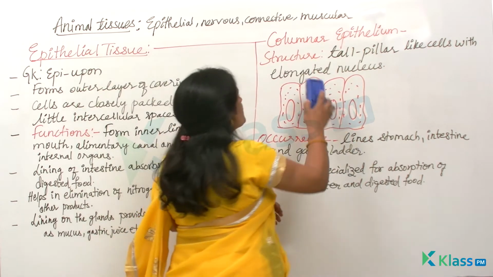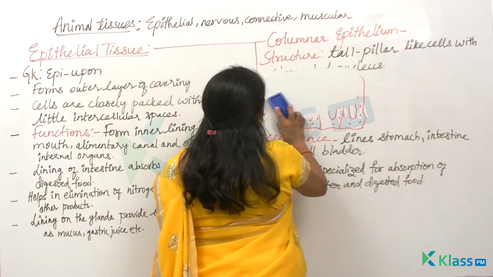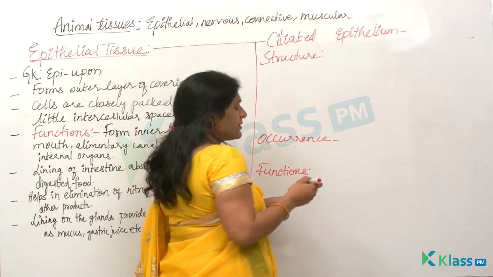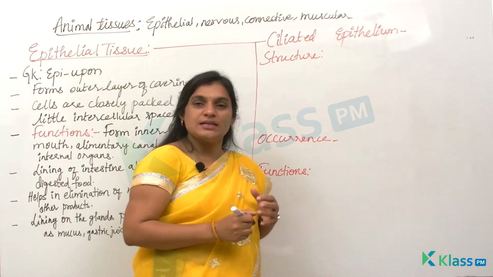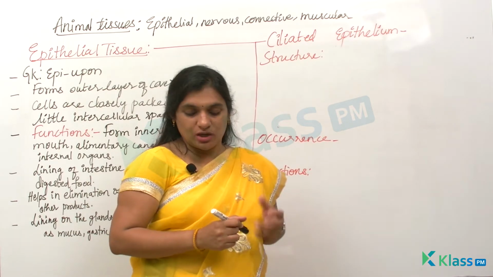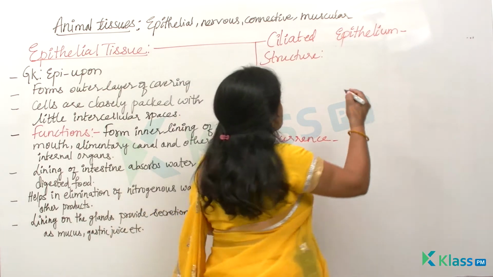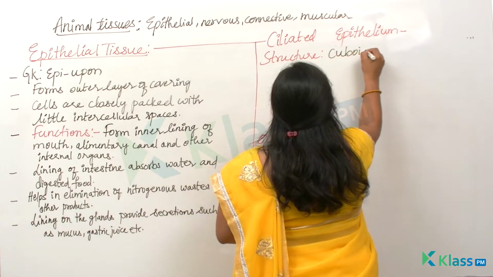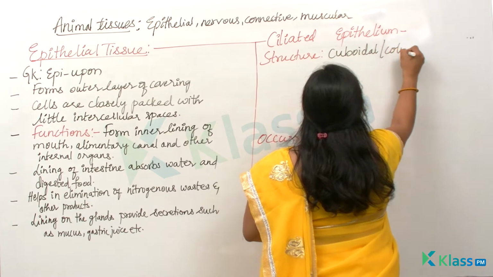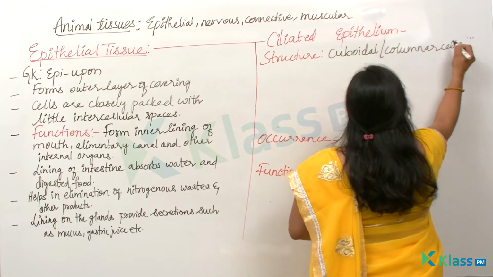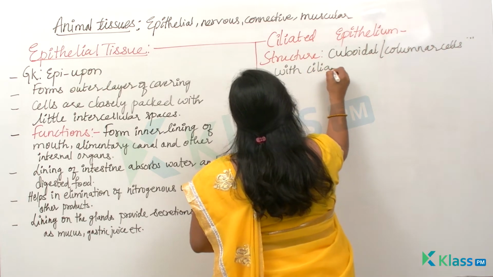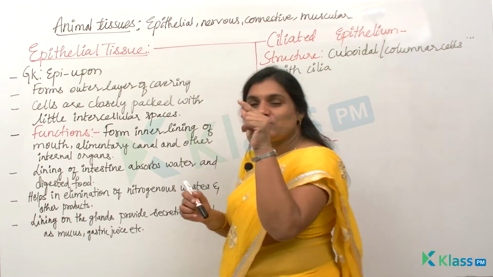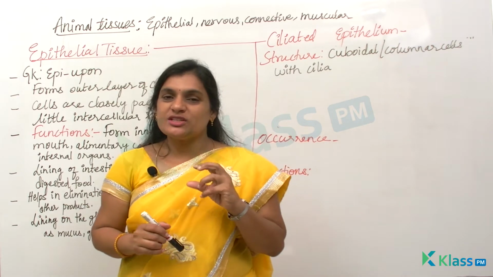Next, let us do the next type of epithelium, which is ciliated epithelium. These ciliated epithelium usually consist of cells which are cuboidal or columnar-like, and they bear cilia. Cilia, you know, like in the case of paramecium, they have small hair-like structures called cilia, right?